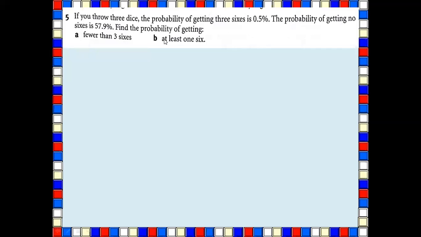Find the probability of getting fewer than 3 sixes. With the dice, the biggest number that we might get is only 6. So, fewer than 3 sixes. What do you think, Zaina Jawhari? What do you think the probability of getting fewer than 3 sixes is?